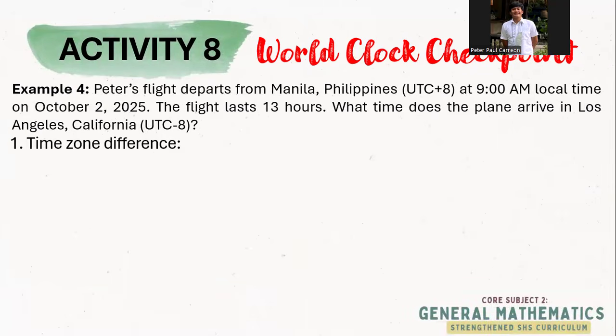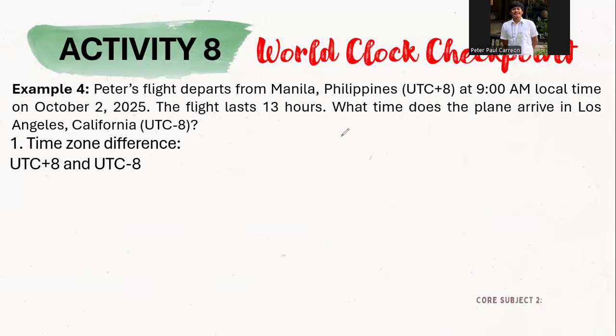What we're going to do is to first get the time difference. Look at this one. The primary region is at 0, right? In the Philippines, we have plus 8. In California, we have minus 8.